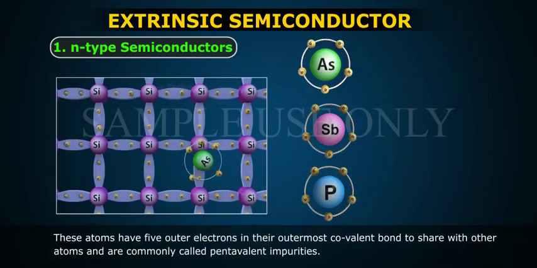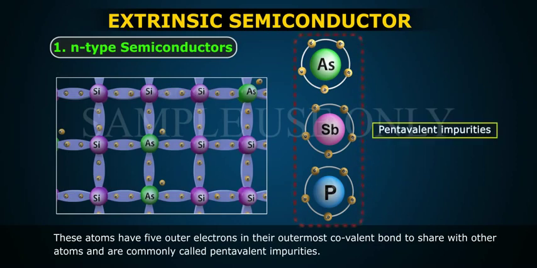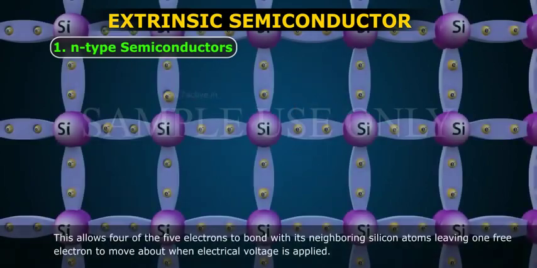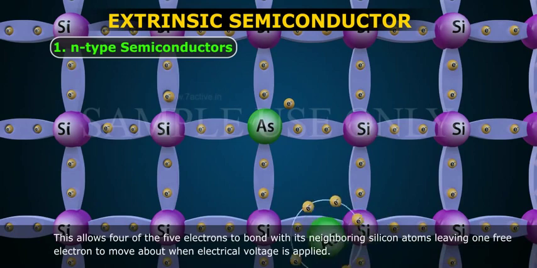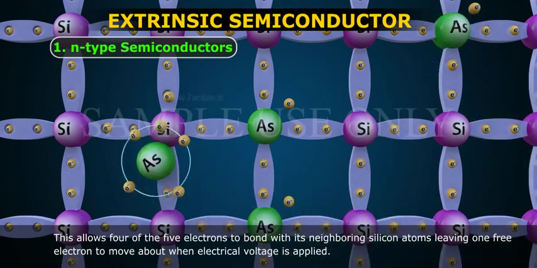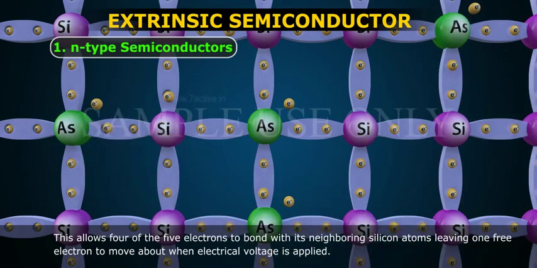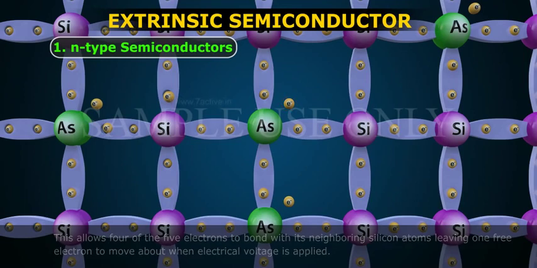These atoms have 5 outer electrons in their outermost covalent bond to share with other atoms and are commonly called pentavalent impurities. This allows 4 of the 5 electrons to bond with neighboring silicon atoms, leaving 1 free electron to move about when electrical voltage is applied.